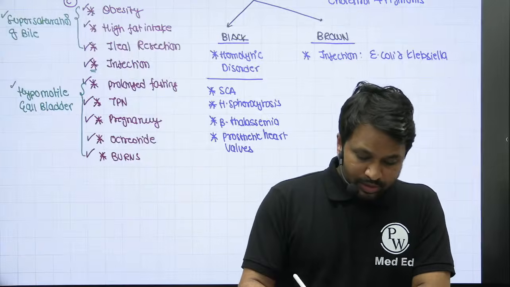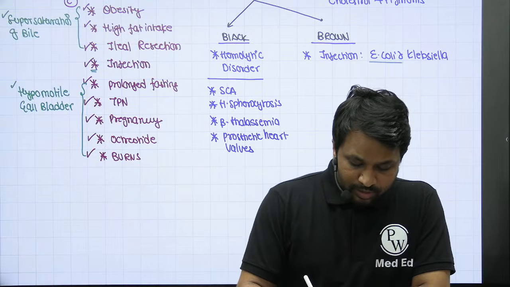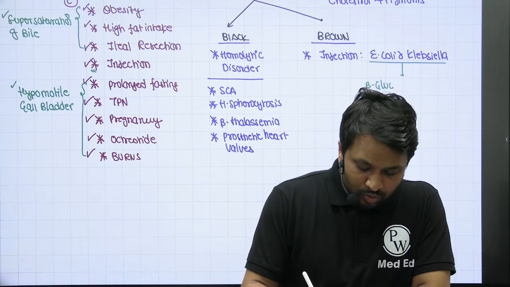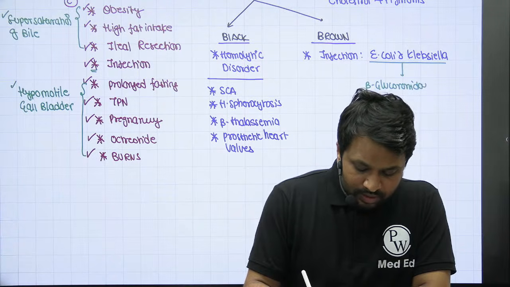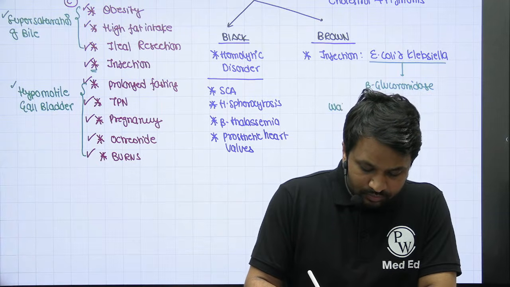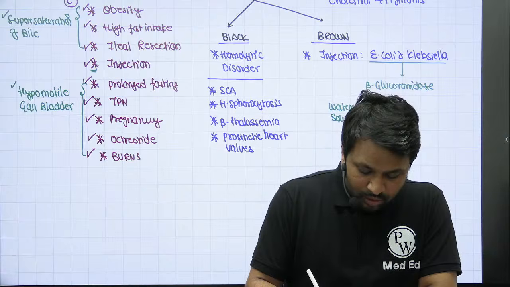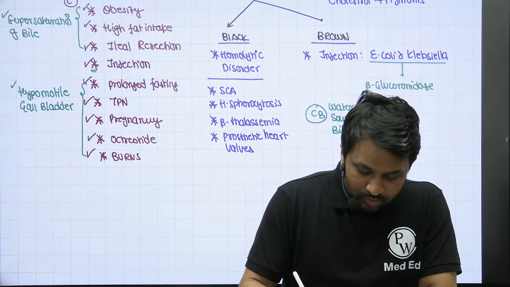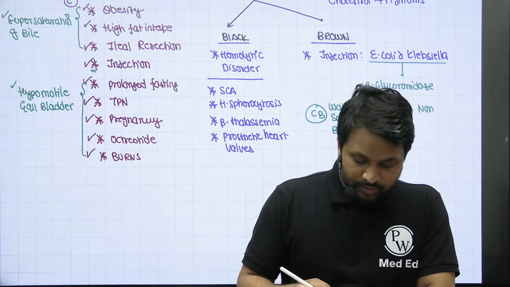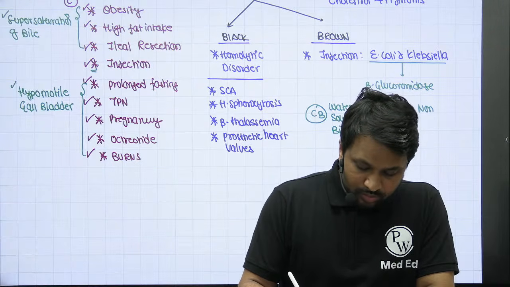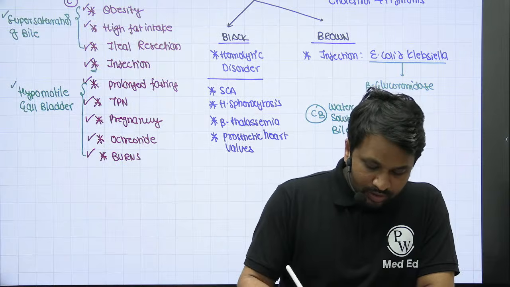In the brown pigmented stones, it is because of E. coli and Klebsiella. What is so special about E. coli and Klebsiella? Because they secrete an enzyme called beta glucuronidase. Now this beta glucuronidase converts the water soluble bile, which is simply called the conjugated bile, to a non-water soluble, unconjugated bile.